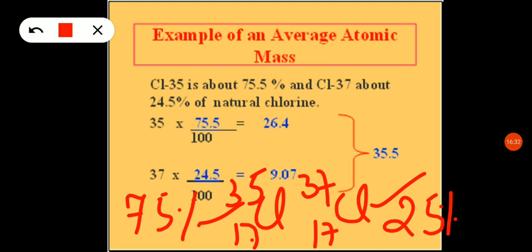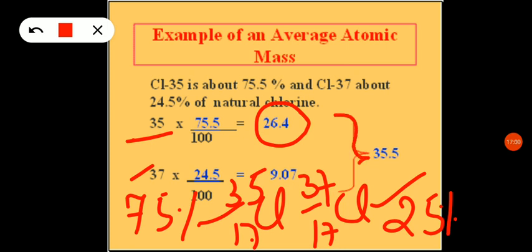So how do you calculate the average atomic mass? 35 into 75 divided by 100, you will get around 26.4. And 37 into 24.5 divided by 100, you will get 9.05.